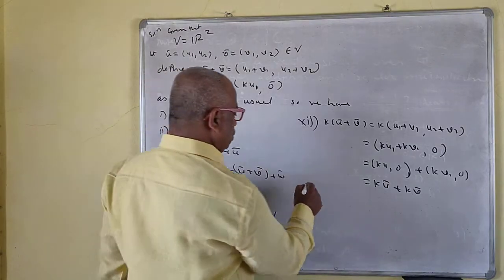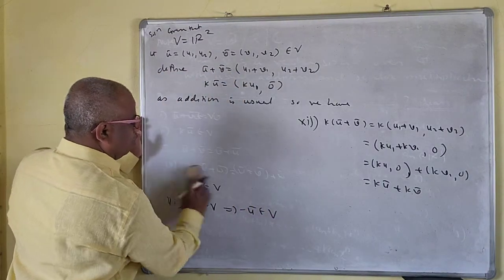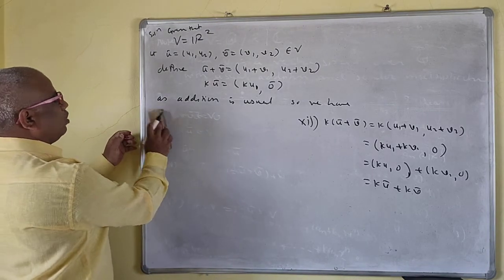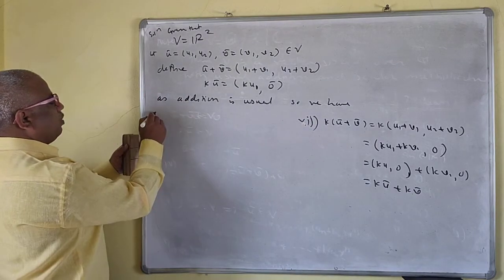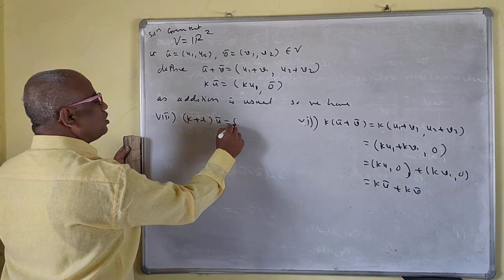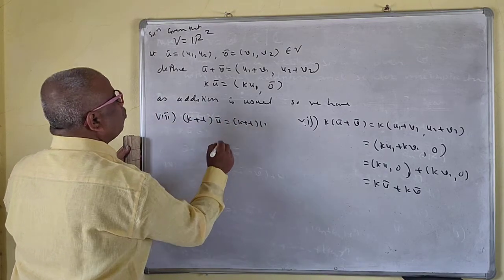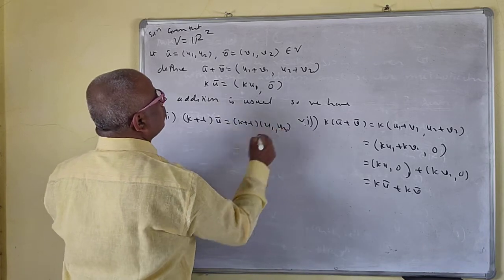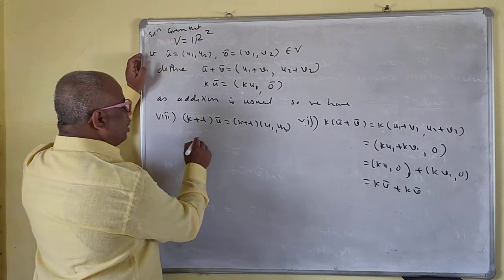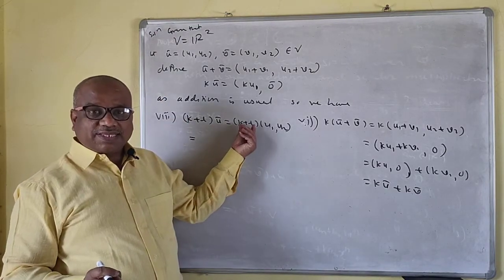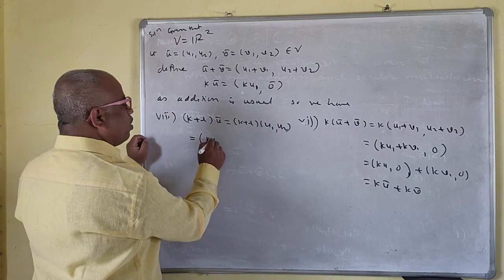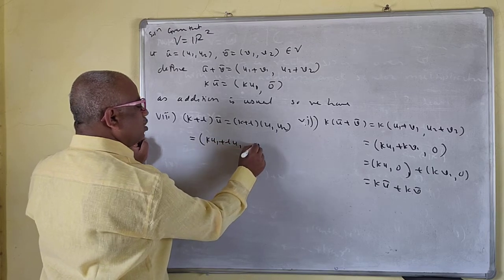Next, this is the 8th one: k plus L into u bar, where u bar is (u1, u2). Now you multiply by k plus L, which is a scalar. The second component will be 0, so this is (k u1 plus L u1, 0).